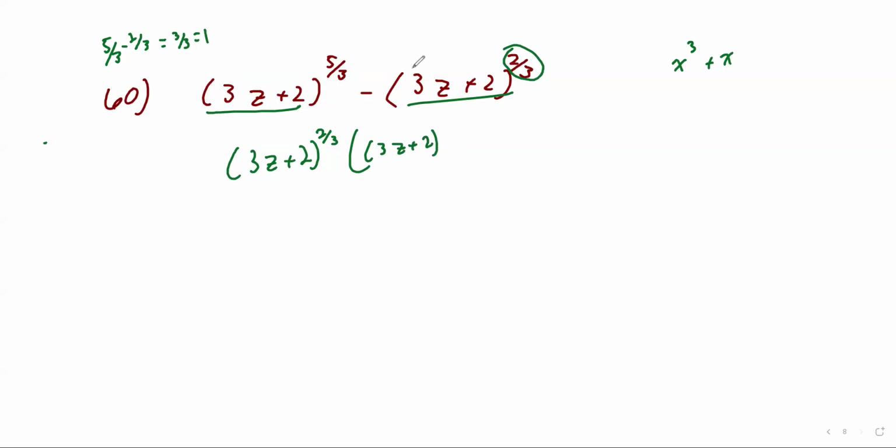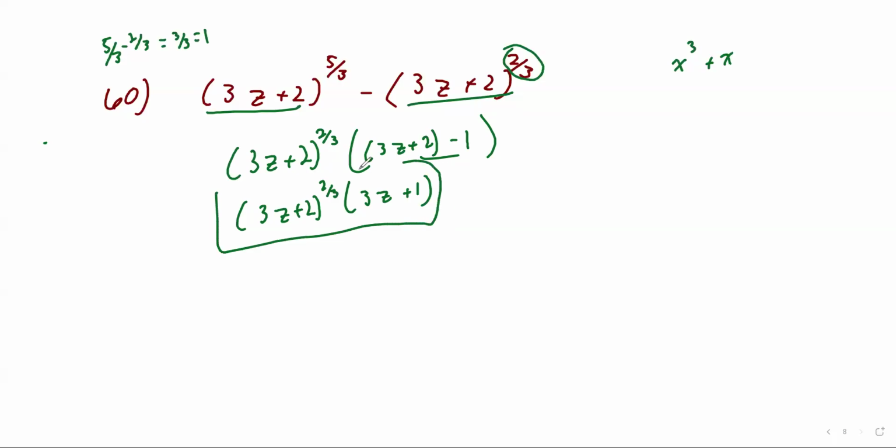And then this right here, if I take this entire thing out, I'm left with a 1 as a placeholder, because 3z plus 2 to the 2/3 divided by 3z plus 2 to the 2/3 gives me 1 as a placeholder. I can clean it up since the exponent was 1. So this will give me 3z, and then 2 minus 1 happens to just be 1. So this will be the final result.